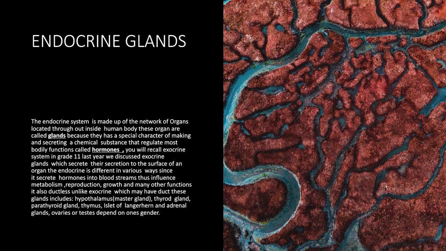These glands include the hypothalamus, which is known as the master gland, thyroid gland, parathyroid gland, thymus, pancreas, adrenal gland, and ovaries or testes. For the last two glands we use "or" since it depends on one's gender, since they are referred to as sexual glands.